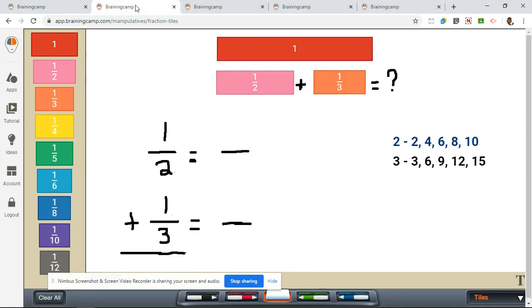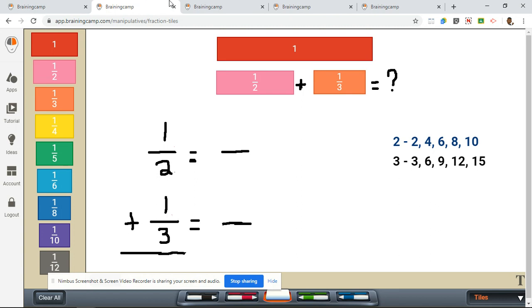Our first problem we're going to look at is adding these two fractions here, 1/2 plus 1/3. What you may notice here is we have two different denominators. Going back to my previous video, you need to have the same denominator to mathematically and properly solve any adding or subtracting problems with fractions.